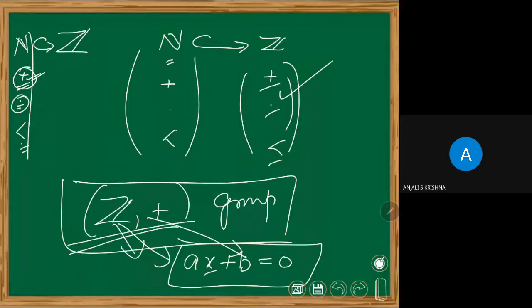Will you succeed? Will you always get a solution inside Z? Yes or no? No. Because obviously you have to extend now, right? Provided I assume that a is not equal to 0 for non-triviality. So you have to go for what?